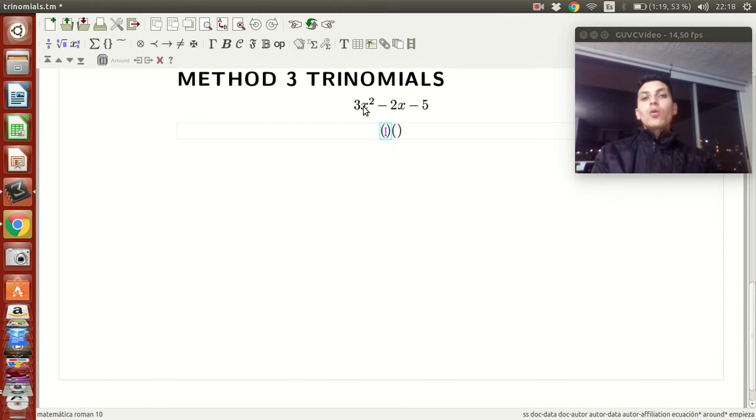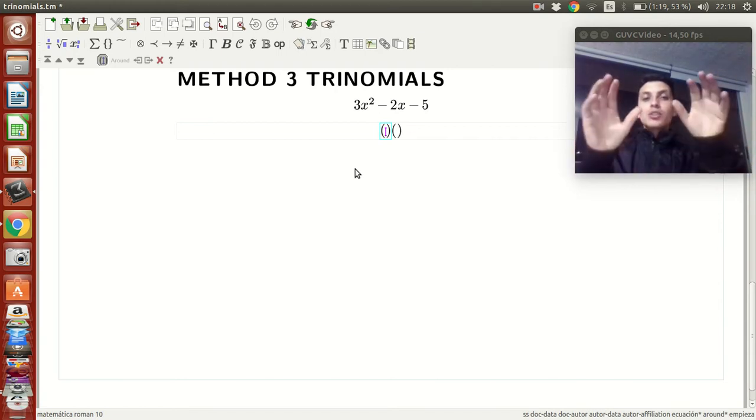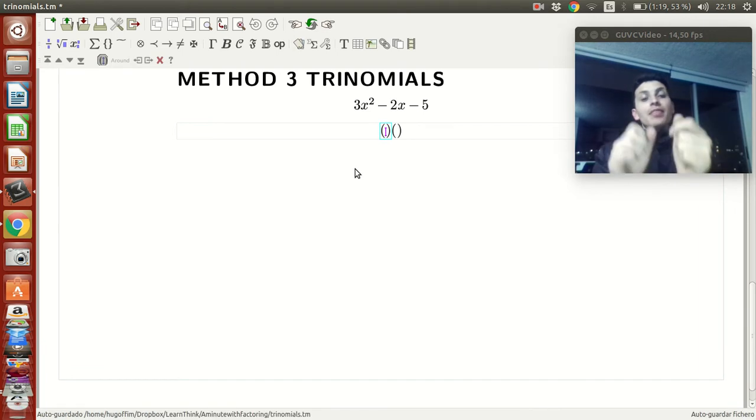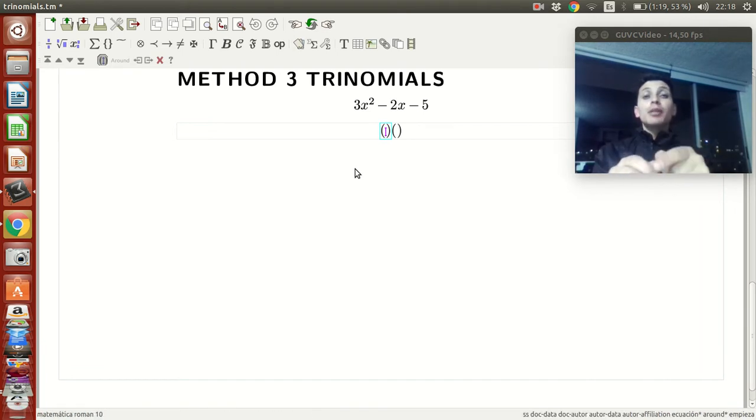And we know that the multiplication of the last terms by using FOIL should be -5. So the trial and error method just means to know that the first term's multiplication should be 3x squared and the last term's multiplication should be -5.